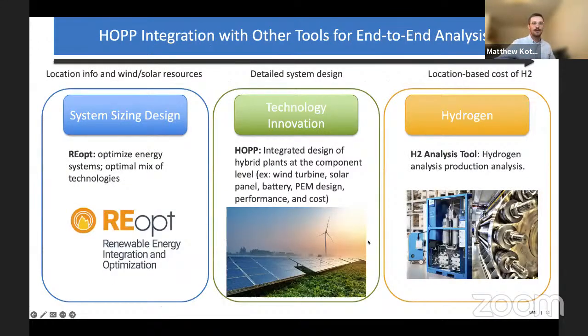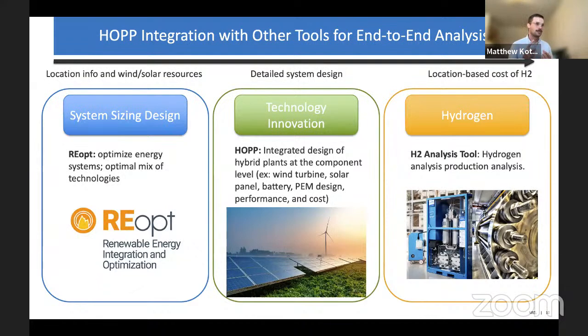Okay, and to talk more about HOPP, HOPP is integrated with other tools and resources. So HOPP does have a location component, which then also leads to wind and solar resources. So we use ReOpt on a system level design there. Then what we do is we go down to a more detailed component level where we look at the plant itself and we look at a component level to help customize specific features, inputs and outputs, if you will.